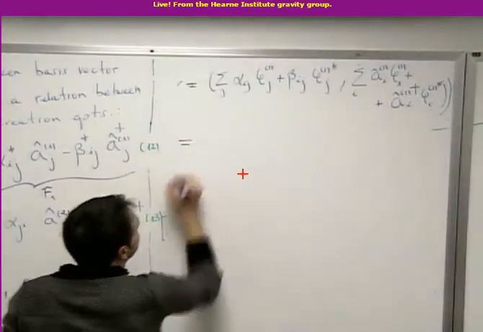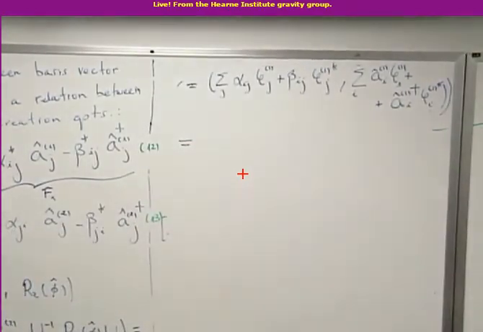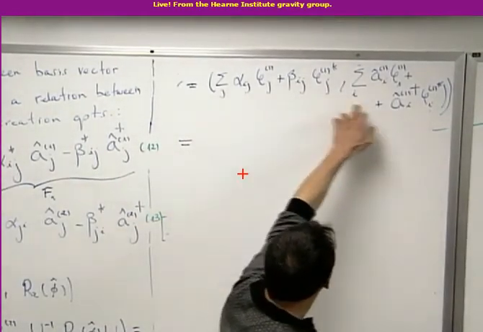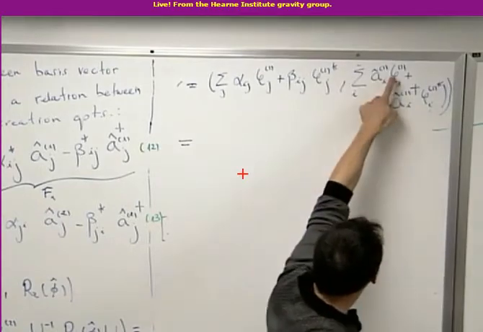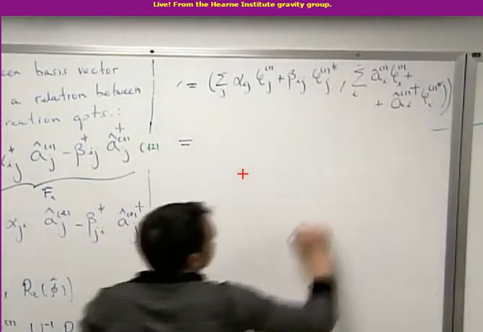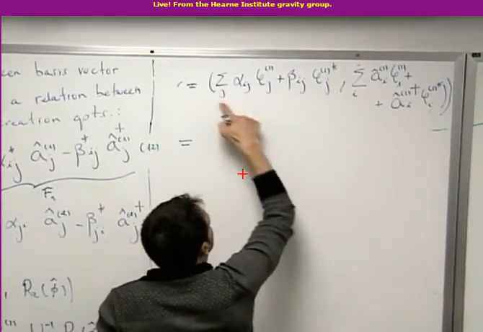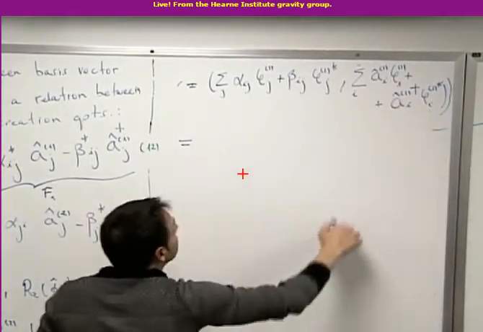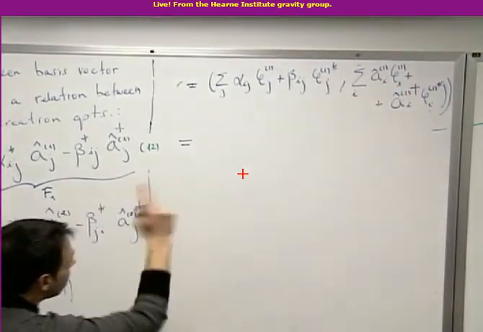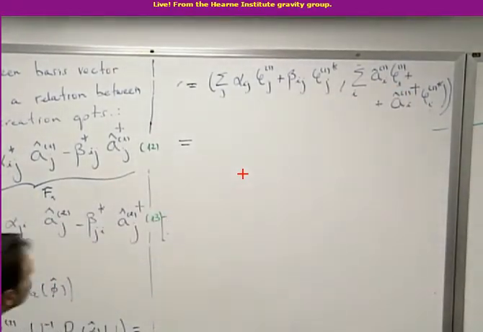But this product is not difficult. We have a linear combination of phi 1 star multiplying a linear combination of phi 1 and phi star. Phi 1 and phi star are orthogonal, so the first term times the second term will be 0, and the second term times the first one will be 0. So only first with first and second with second will be non-zero.